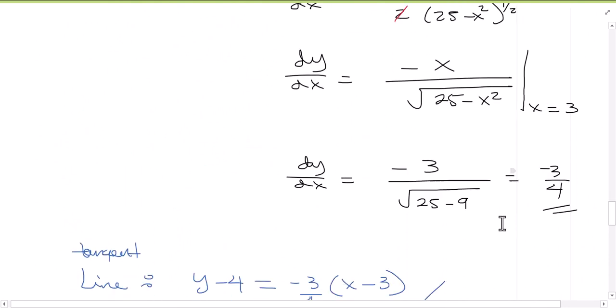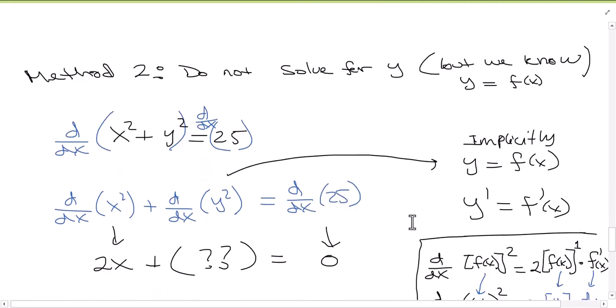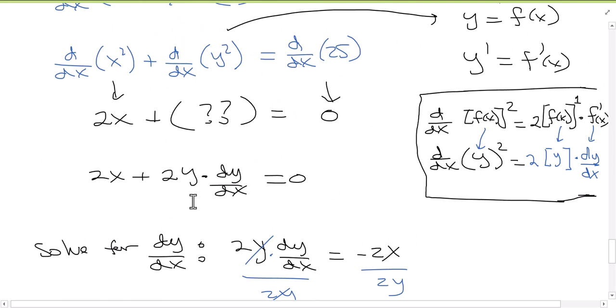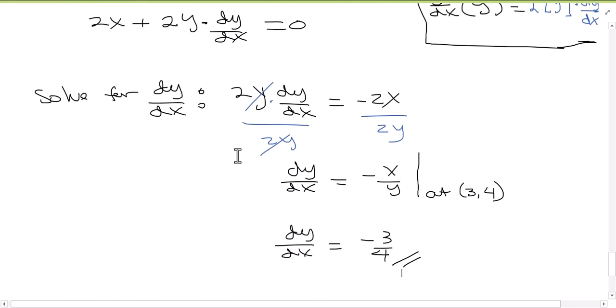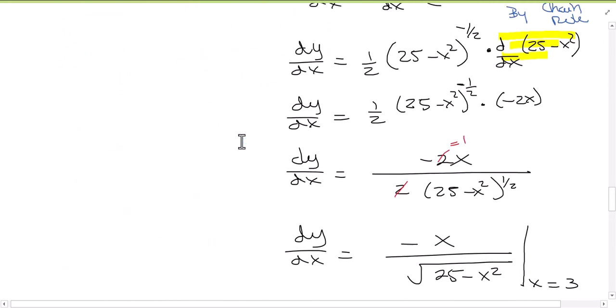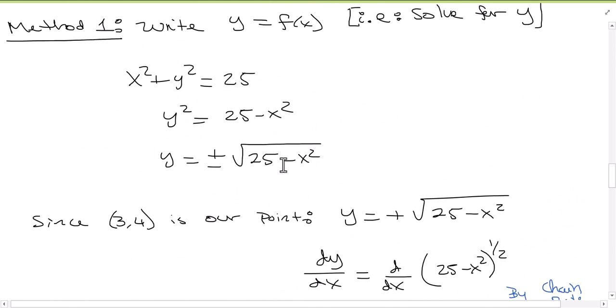So here's our derivative before. dy/dx was negative 3/4. And so here we still get dy/dx is negative 3/4. But look at the derivatives. It is so much nicer to do it implicitly than method 1. Solving for y, and then having to decide which one I want.